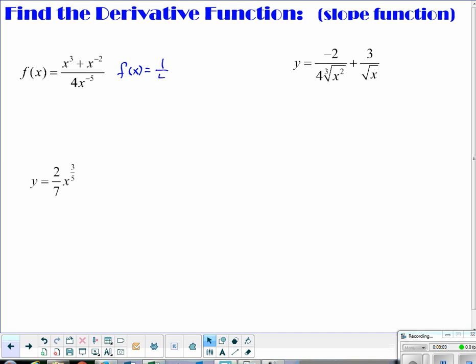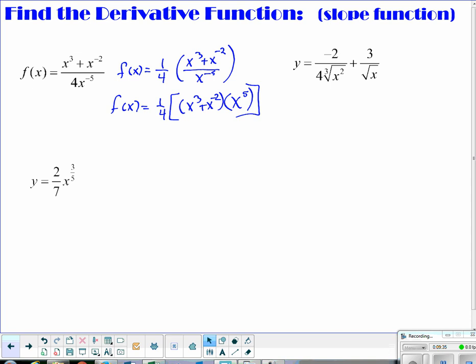I could write this as 1/4 x cubed plus x to the negative 2 over x to the negative 5th. But that is like saying 1/4 times x to the 3rd plus x to the negative 2, and let's raise up the bottom and make it x to the positive 5 instead of that negative 5 that was down below.